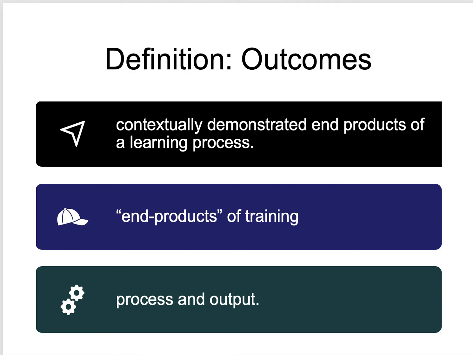If your learner doesn't know how to save the document, them having proficiently typed 60 words a minute and spent 3 hours typing, but they didn't save the document, then when they don't follow the process, it impacts the output as well. So an outcome must be contextually demonstrated, the end product must be created, and the processes that take you to the output must be considered as well.